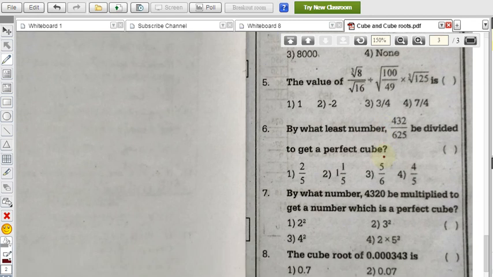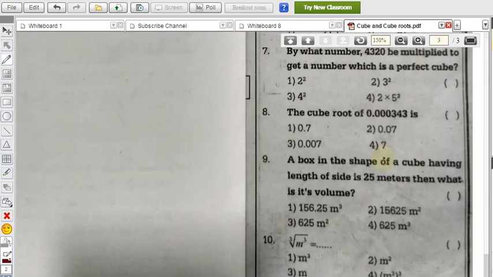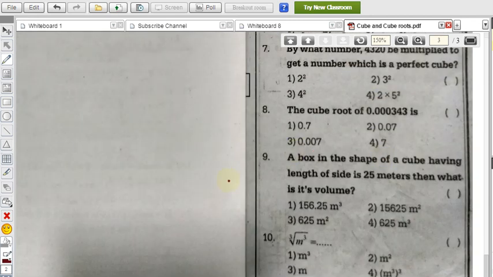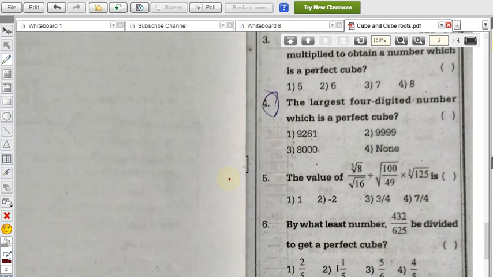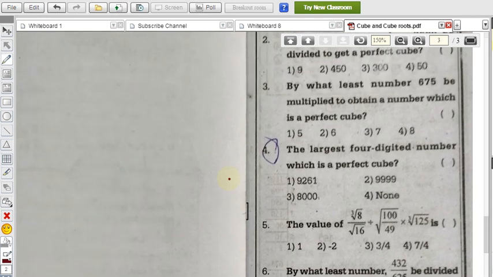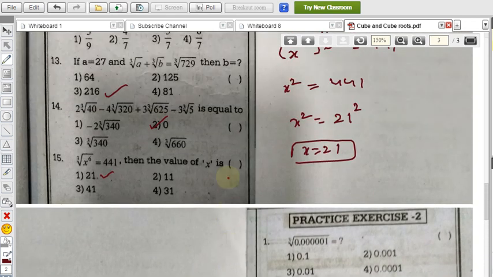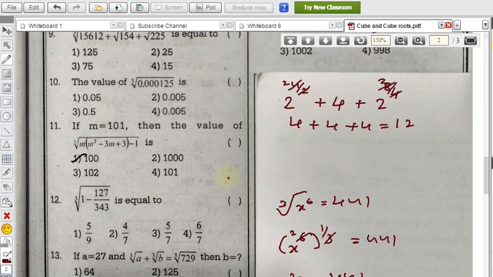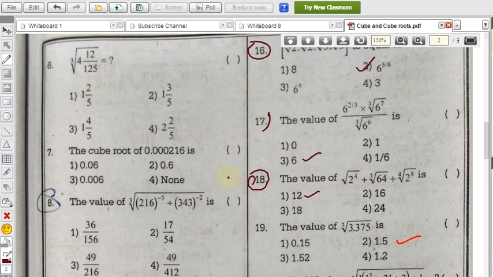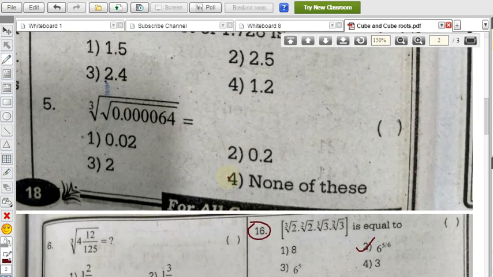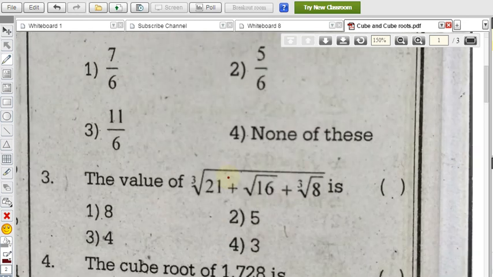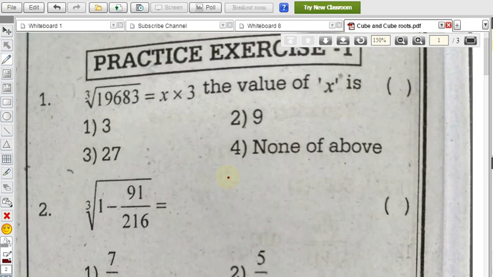Especially for any competitive exams, these worksheet type questions are very important, and you can easily get the answers by solving sums like these, finding cube roots and cubes. So you'll remember the values directly instead of doing the prime factorization method every time, and if you remember the values, you'll do it in less time.